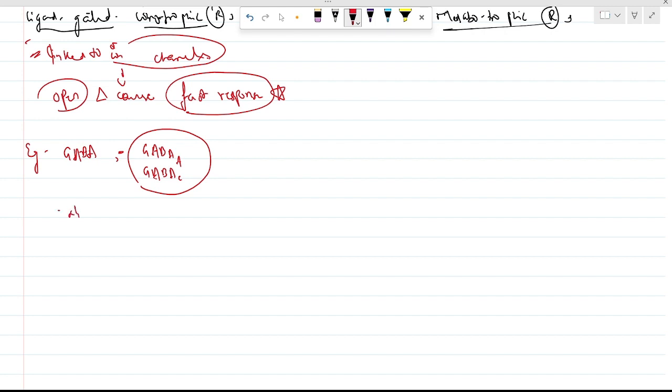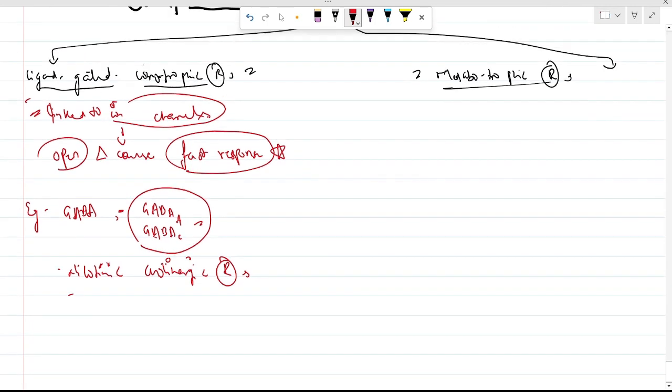Next example is nicotinic cholinergic receptors. Nicotinic cholinergic receptors, and GABA A and GABA C, are ligand gated ionotropic receptors. In metabotropic receptors, they act through G protein coupled receptors. So it obviously depends on a second messenger system.